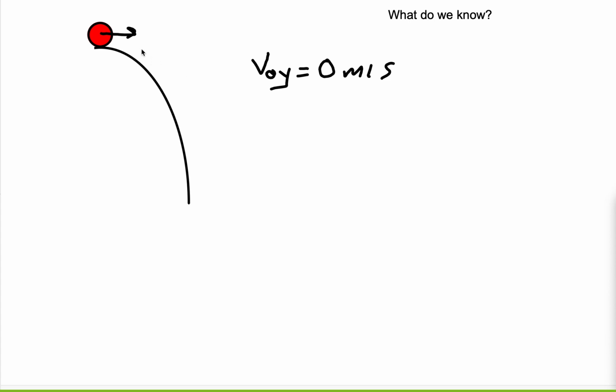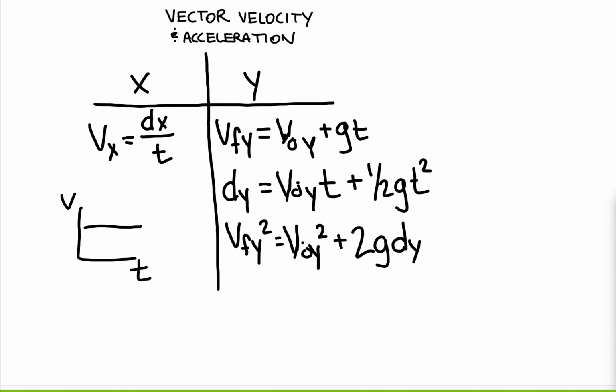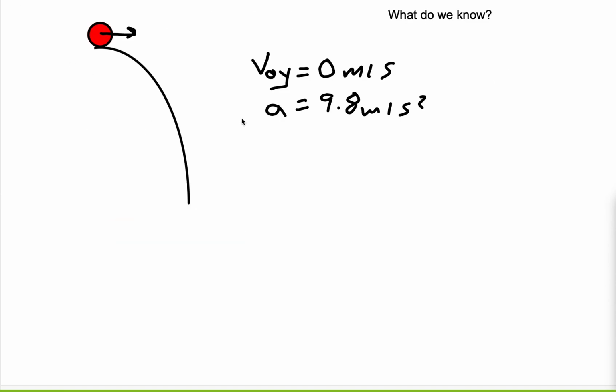We always know that this thing will accelerate at the acceleration due to gravity because, right, we're pretending there's no air resistance. So the acceleration is always 9.8 meters per second squared. In fact, if we go back and look at our equations, we don't even write acceleration. We write acceleration due to gravity. We write little g, right? Because we know it's always going to be 9.8.